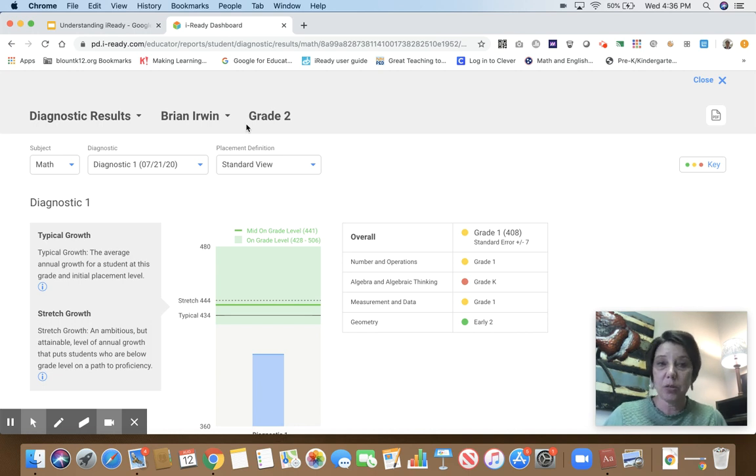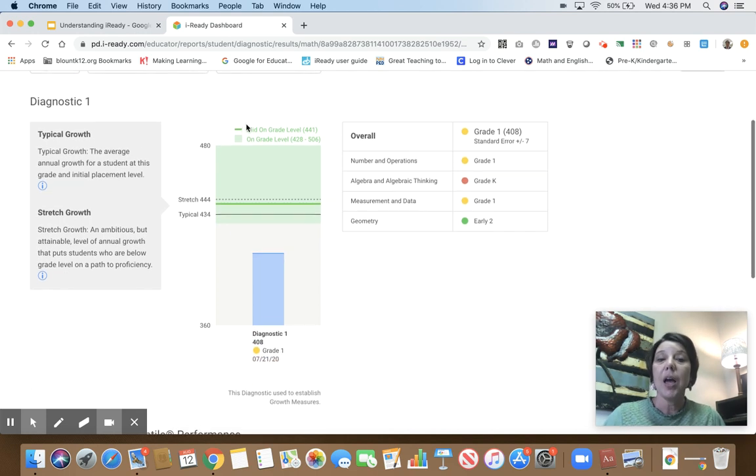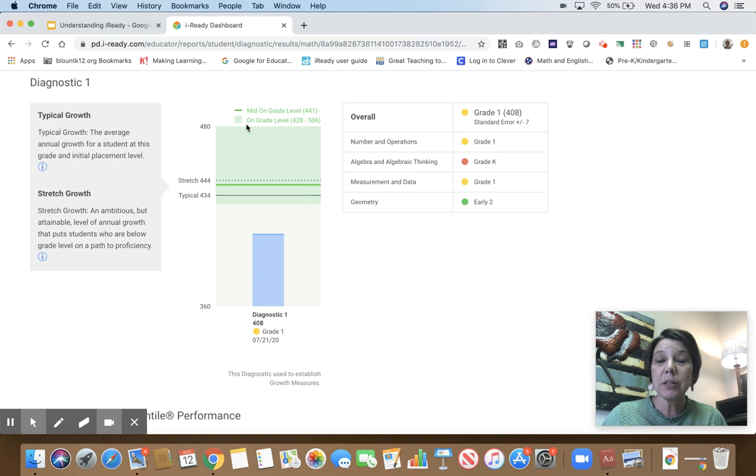But this diagnostic test result belongs to Brian Irwin, and he's in second grade. It does not matter what grade your child is in. All the reports look exactly the same. Everything means the same. So it's okay that we're looking at a second grade report, because your child's report will look the same no matter what grade.